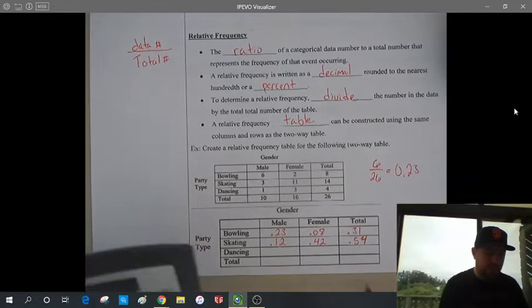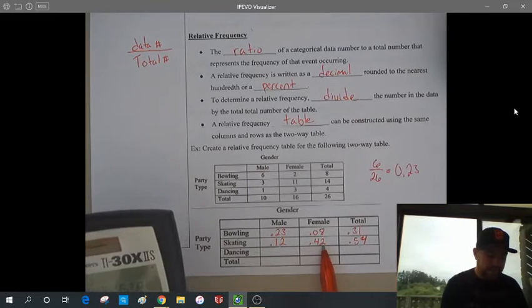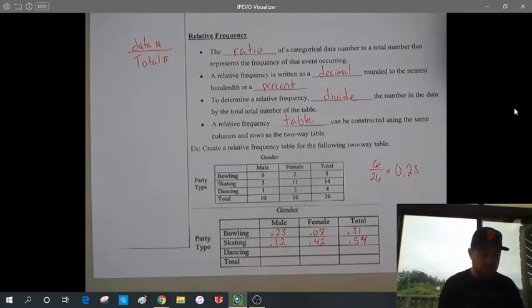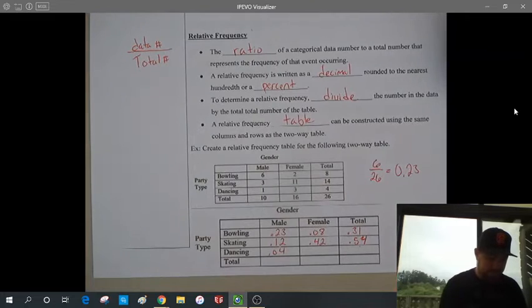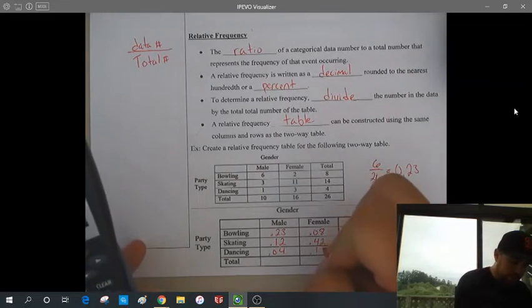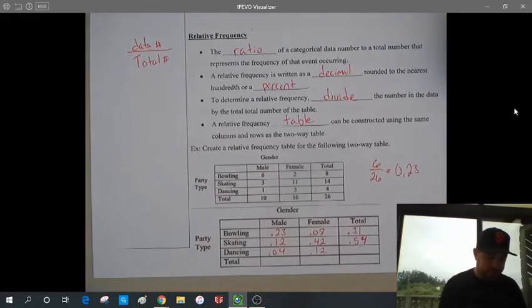So here's an example where adding these two gives me 0.54, so that is accurate. Okay, and then 1 divided by 26 gives me 0.04. Then 3 divided by 26, 0.12.